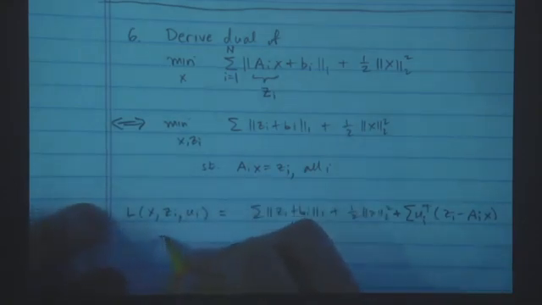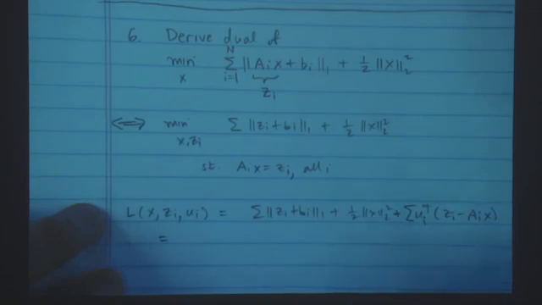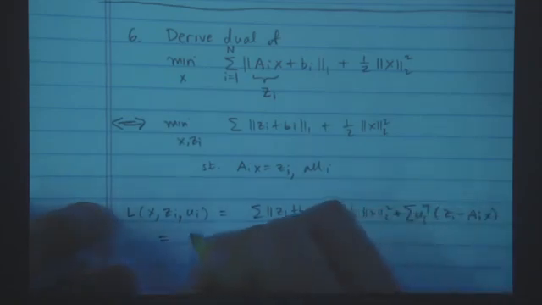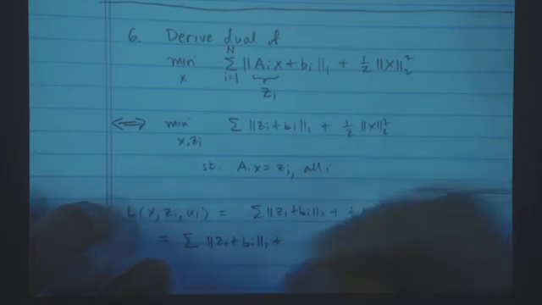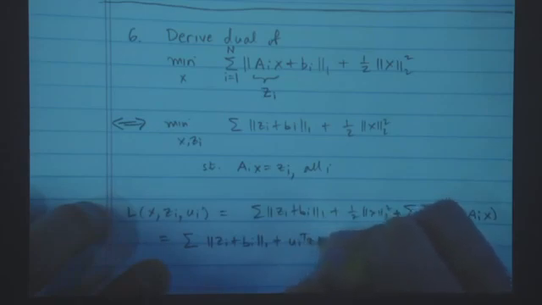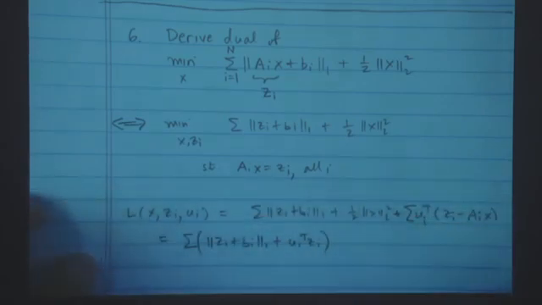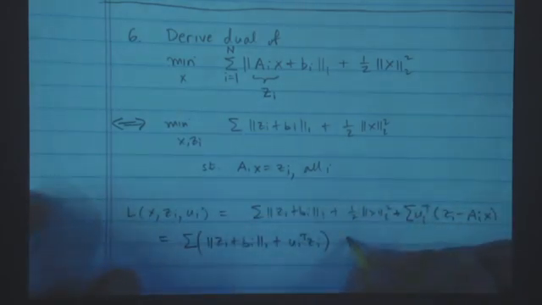So let's just, like I said, rewrite this so we can separate all the terms involving zi and separate all the terms involving x. So all the terms involving zi, we can collect them like this. This is just ui transpose zi. And then all the terms involving x.